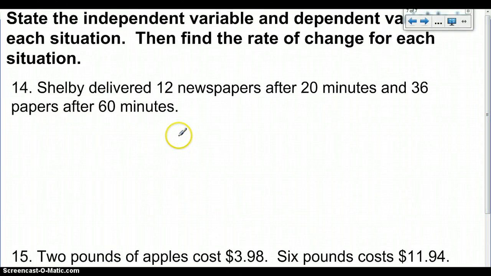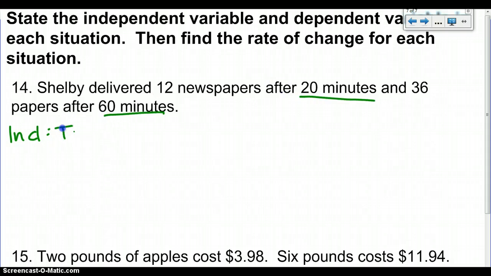So state the independent variable and the dependent variable in each situation. Then find the rate of change for each situation. So the first one, Shelby delivered 12 newspapers after 20 minutes and 36 papers after 60 minutes. So our independent variable is the one that does not depend on anything, and so that would be the time.